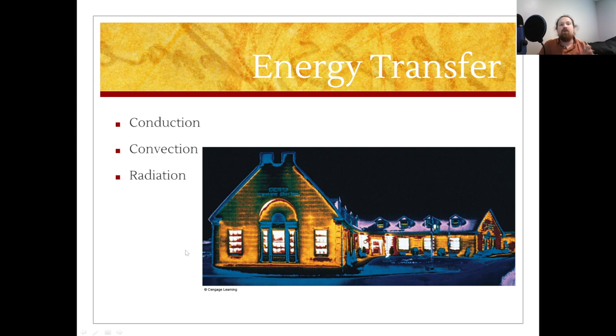Over time, your house is going to cool down no matter how well insulated it is, just by virtue of the fact that the warm things inside are touching the walls, which then touch the cold outside. So thermal energy will always flow from hot to cold. And in the construction business, you then have to install air conditioners and heaters to make up the difference so that the inside stays at the same temperature.